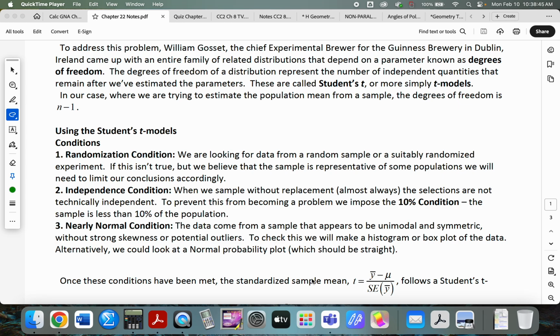Even though this was just a statistical thing that he discovered. And so it got published as the Student's model. But it was really William Gosset who did it.